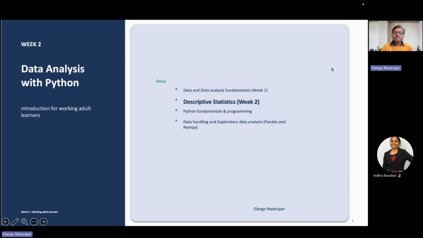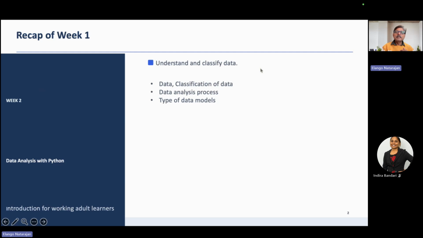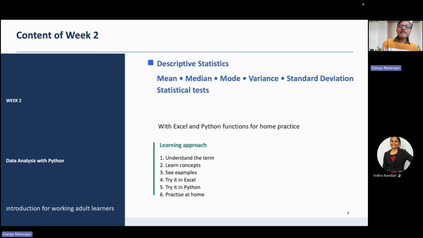Okay, fine. So this week we'll be focusing on descriptive statistics. Of course, we have completed the last week's data, various types of data, and the flow that we follow in data analysis. Now, this week, we'll be moving to descriptive statistics, where we'll be learning the different analysis or different calculations that we do to understand the data.